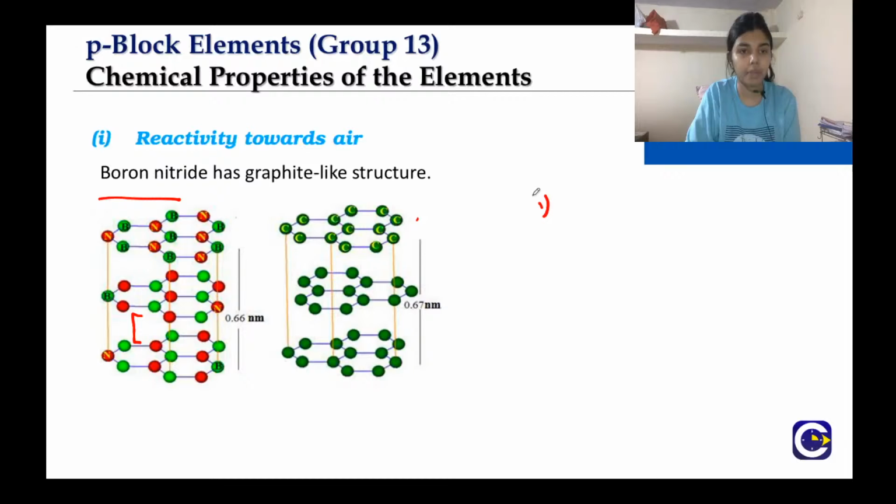Second, boron nitride has a graphite-like, layered structure. Third, boron nitride is also known as what? Inorganic graphite. And the fourth point is that the distance between the layers is less for boron nitride when you compare the distance of layers for boron nitride and graphite. So here the distance will be less and here the distance is greater. Okay.